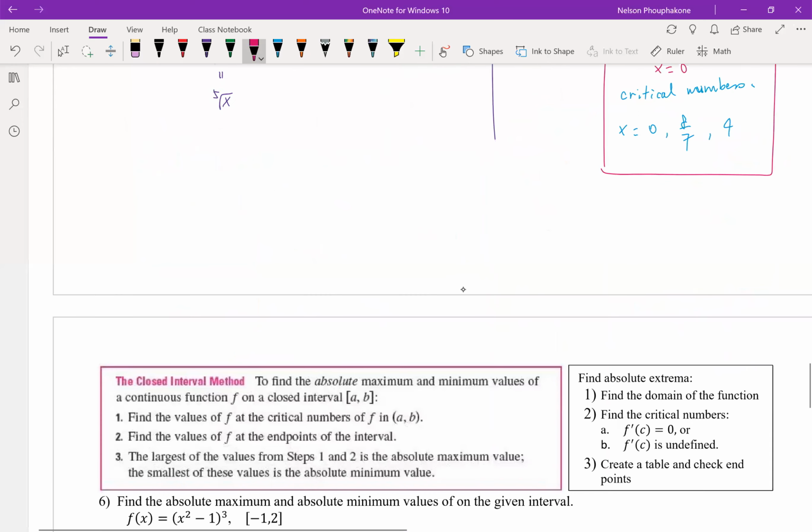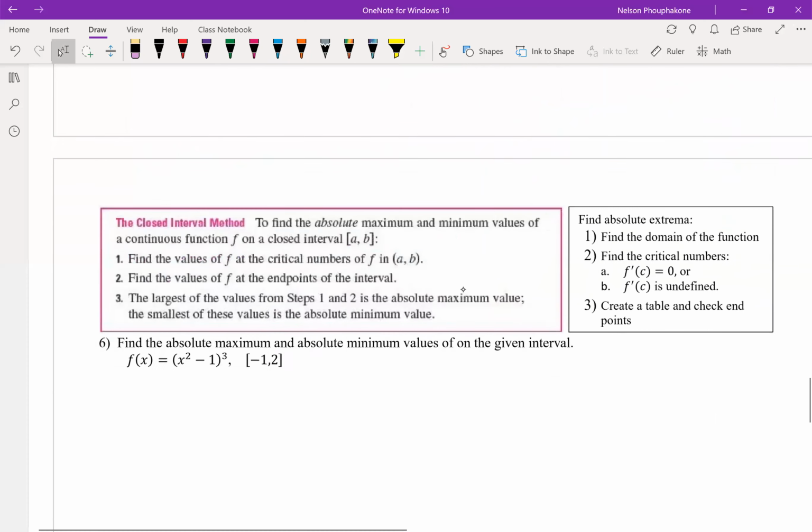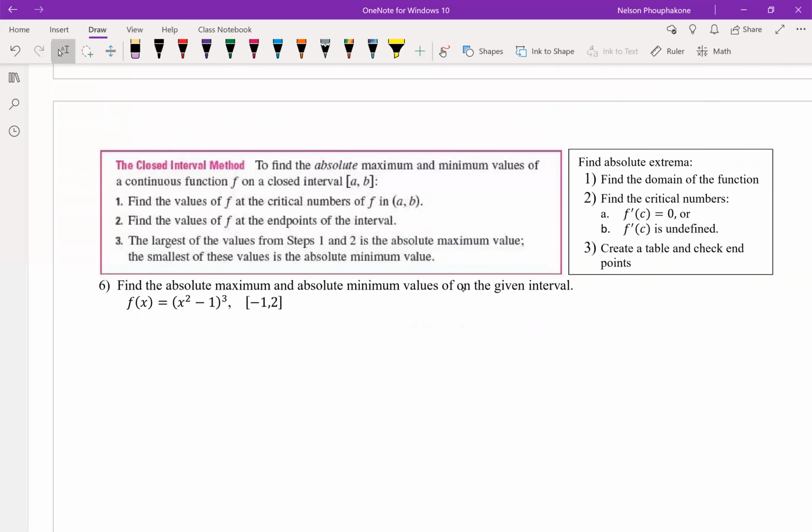Okay, so now let's see how we actually find the absolute extremum. Remember, if we have a closed interval, by the extreme value theorem, we are guaranteed that we will be able to find the absolute max and min.